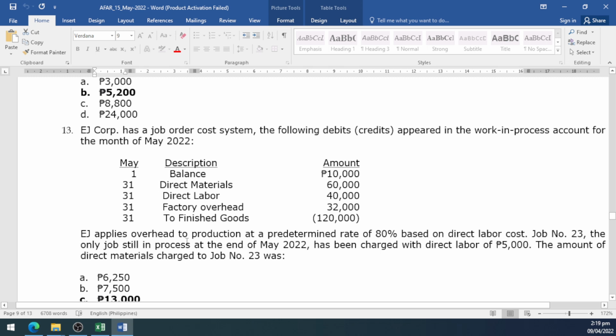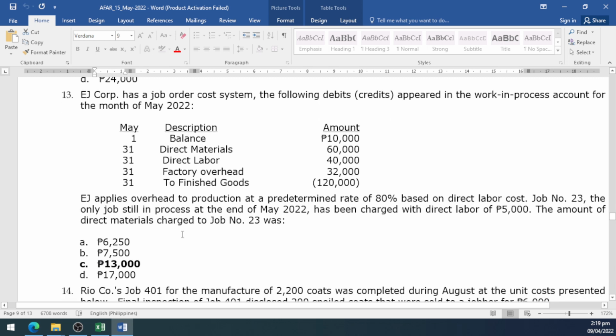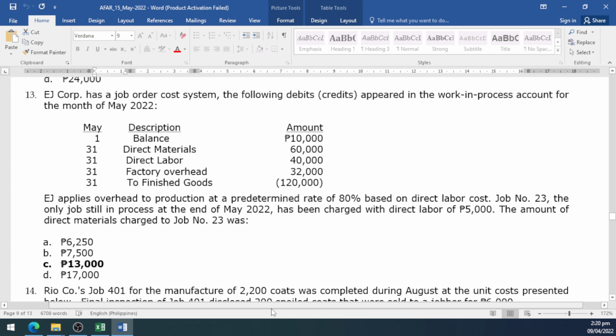So, problem number 13, same nature of the problem, ano? You determine the ending work in process. In this case, 10 plus 60 plus 40 plus 32. That's the 142 minus 120. So, 22,000 po yung ending work in process dyan. Yung 22,000 na yan ay comprised of DL na 5,000. So, minus 5,000.